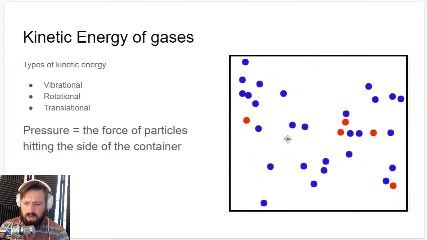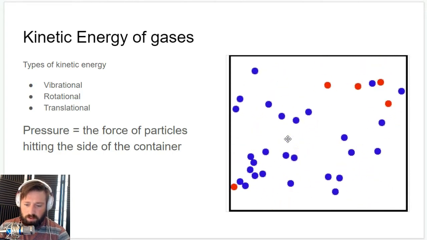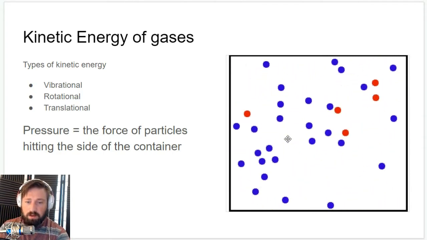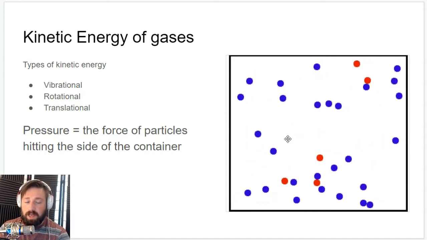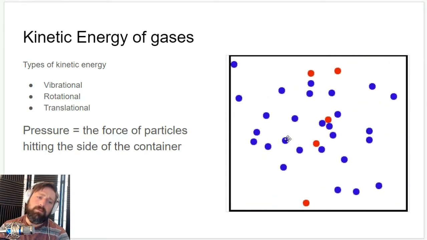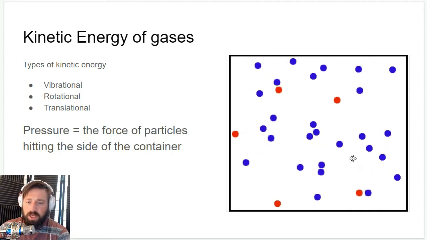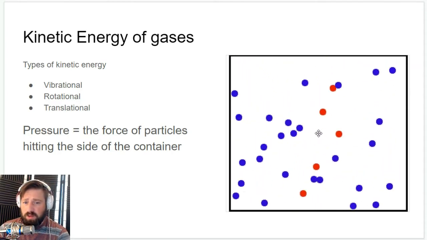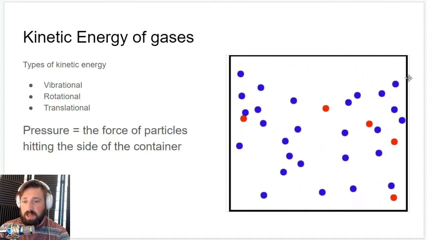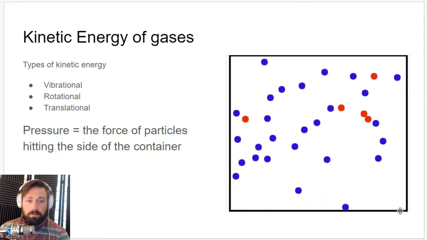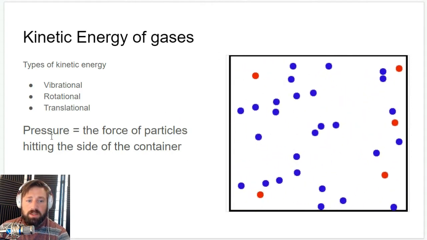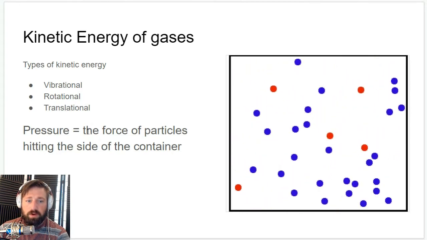Think of it like a billiard ball table. Whenever you break, they're all flying all over the place. Some are moving fast, some are moving slow. They're exchanging that kinetic energy. Not only are they exchanging kinetic energy with each other, but they're also exchanging kinetic energy with the container wall, this barrier. That is where we get pressure from.